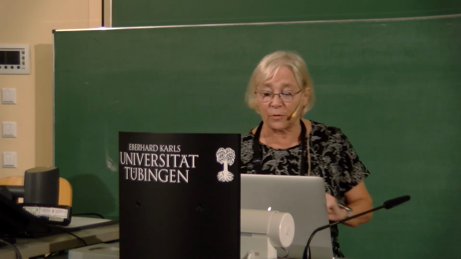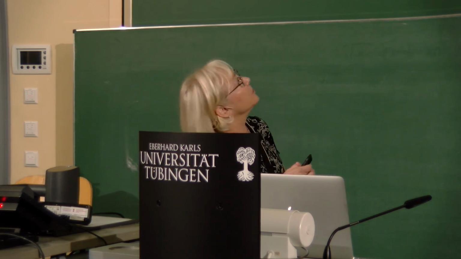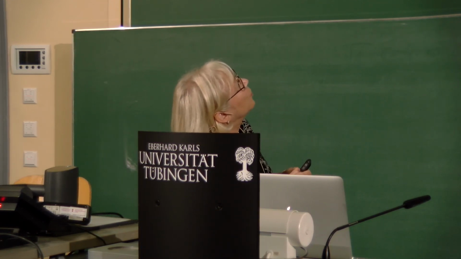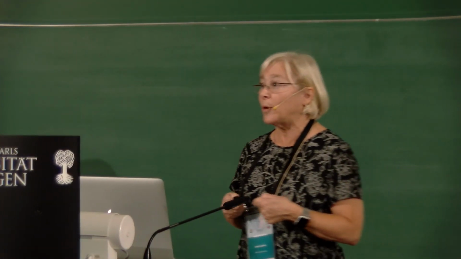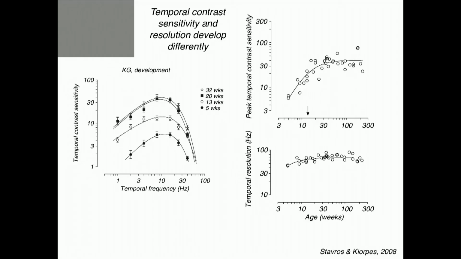So unlike in terms of spatial vision, if you look at the change in the peak temporal frequency and the cutoff for these curves, they do not parallel one another. And so modulation resolution, temporal resolution, is very consistent across age, starting from the earliest ages that we measured behaviorally, which is 3 to 5 weeks after birth, and going on up until asymptotic level, which, as I said, for temporal sensitivity is earlier than it is for spatial resolution.